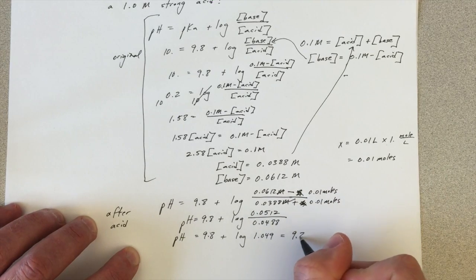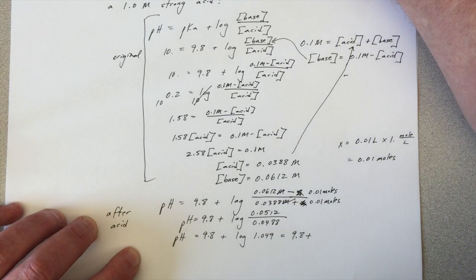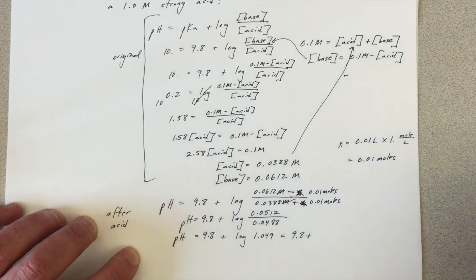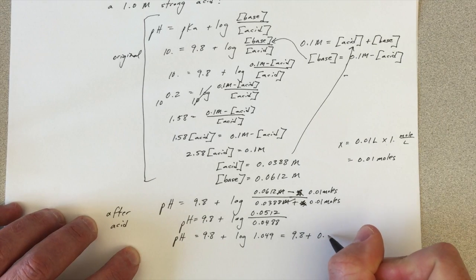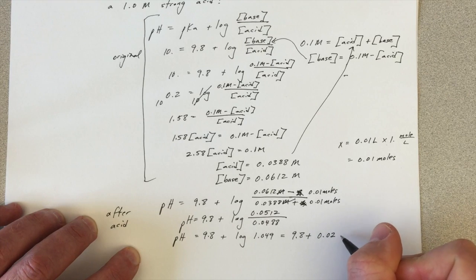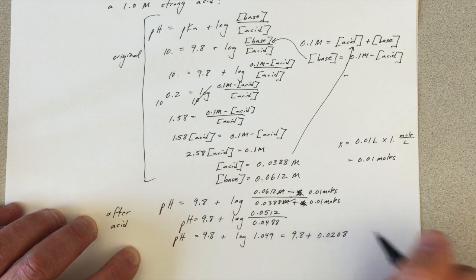So I have 9.8. Let's take the log of this. That is 0.0208.